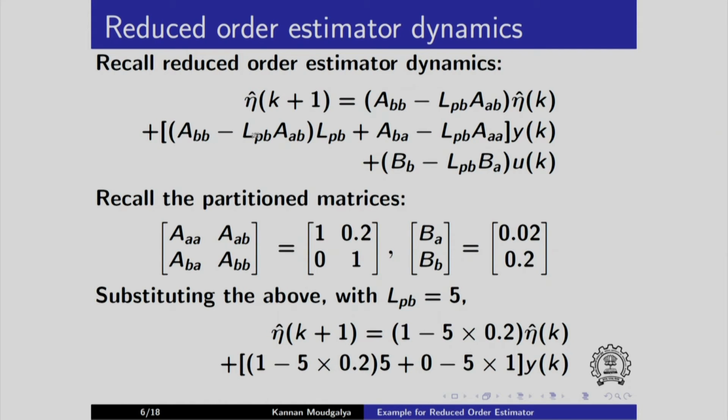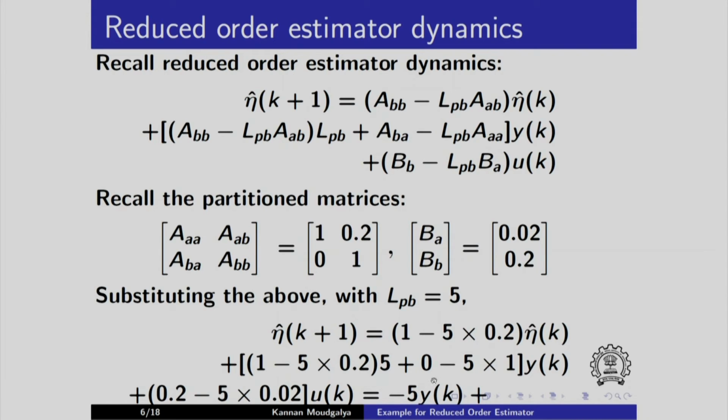Then in a similar way we can substitute all the terms here and we get this second line, and for the third line we get BB as 0.2 minus LPB, which is 5, times BA, which is 0.02 of u of k.